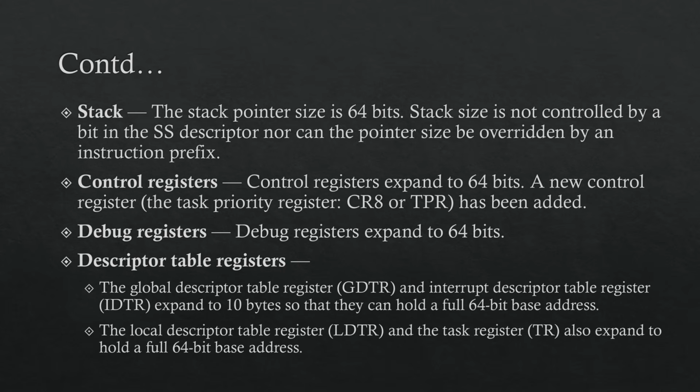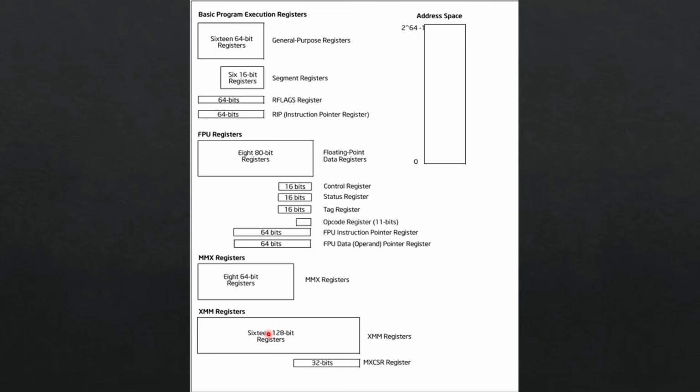So you can see the basic Intel 64 execution environment block diagram. Here we can see the general purpose registers, sixteen 64-bit general purpose registers.